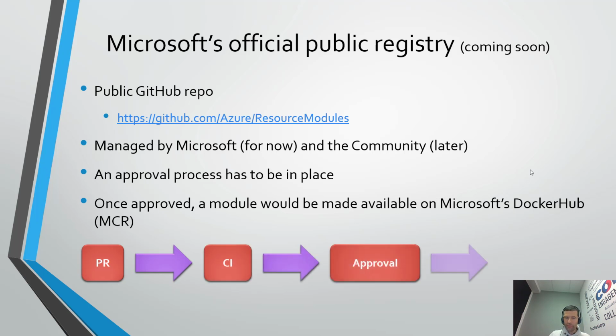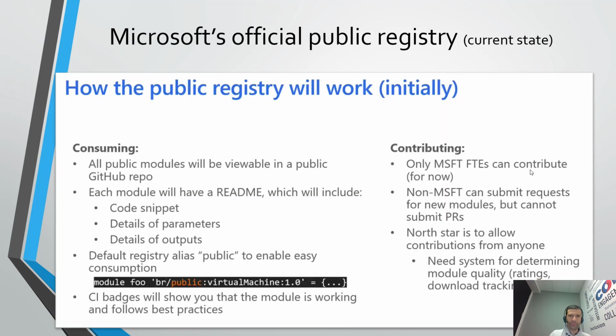The process that we are expecting to see is that you, as a community member, will make a PR, a pull request, for your newly created modules. It will trigger a CI pipeline to make sure that basic checks are in place and respected. Then an approval by someone at Microsoft will be needed. And finally, if that approval has been fulfilled, your module will end up on the Docker Hub.